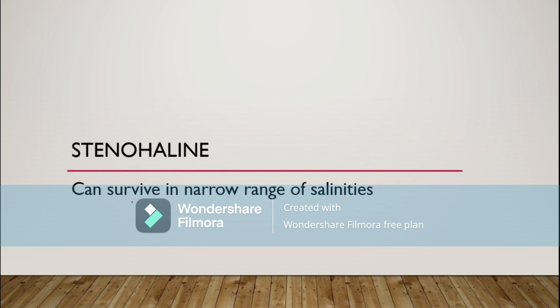Stenohaline means they can survive in a narrow range of salinities, because they have to maintain the amount of salts and water in their environment. So they have to live in a narrow range of salinity. Salinity means the amount of salts in the environment.